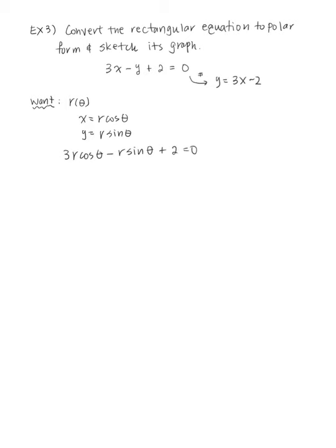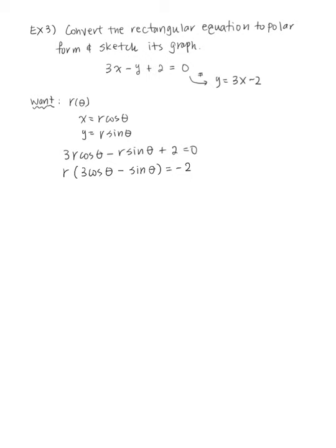Now, if you want to make this into a function r of theta, I think we can do it in this case because we can easily solve for r in terms of theta. Let me first factor the r out. So we have r times 3 cosine of theta minus sine of theta, and let me bring that 2 to the other side, which equals negative 2.